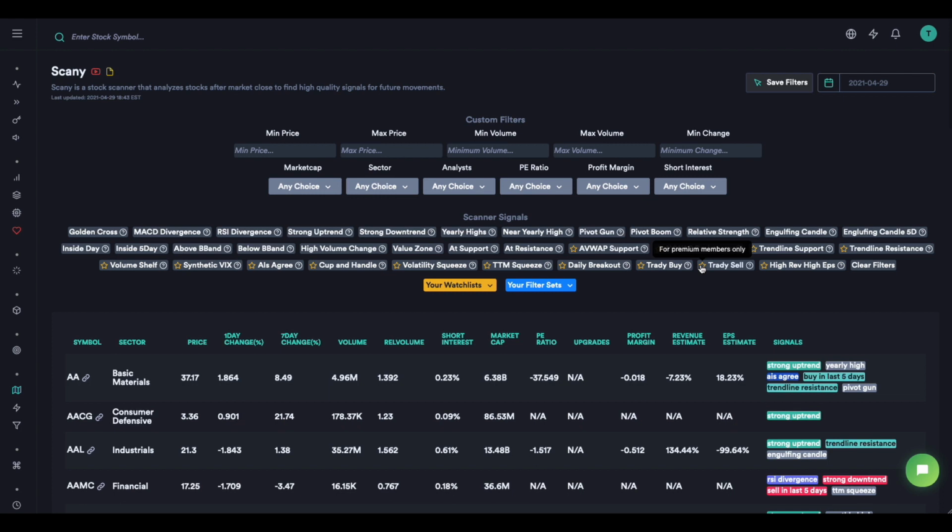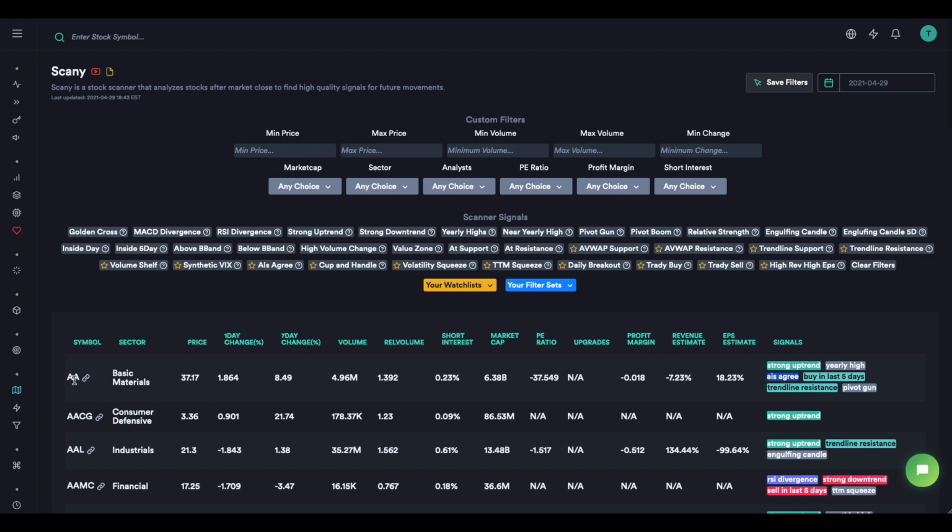So for each of the stocks, every day when the market closes, we go over every stock in our database and we try to find all of these scanners in the price section, and whatever is there we try to add it into the signals column.